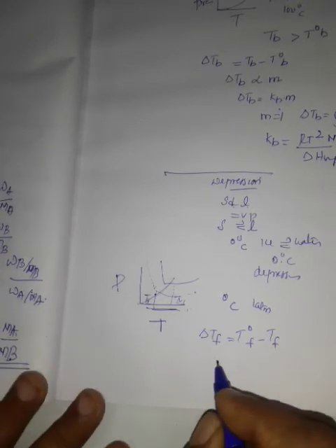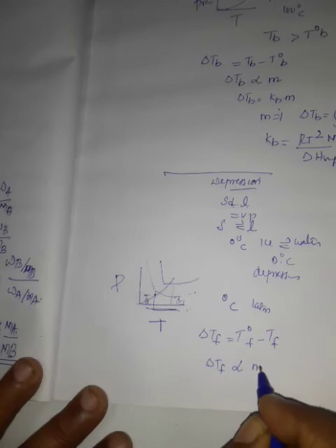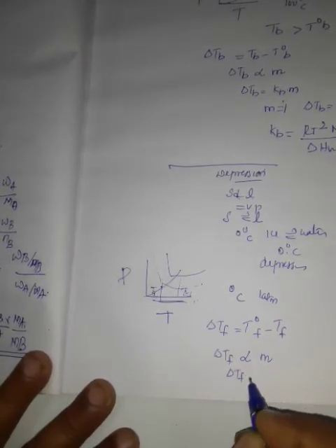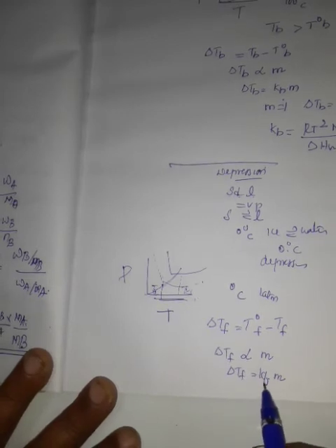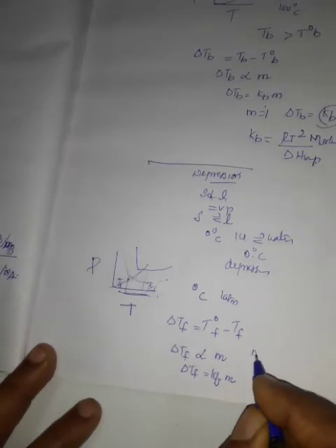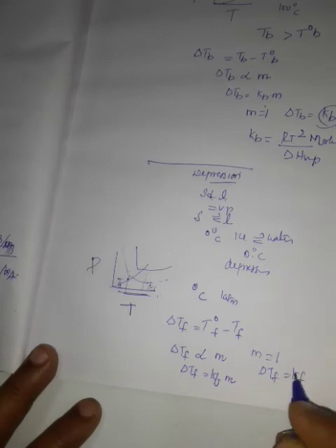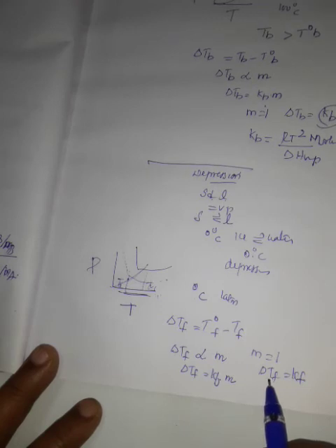The depression in freezing point delta Tf is directly proportional to the molal concentration of solute particles. That is, delta Tf is equal to Kf into m. m is the molality of the solution. Kf is the molar freezing point depression constant, or cryoscopic constant. So, when m is equal to 1, delta Tf is equal to Kf. Kf is equal to the depression in freezing point for a 1 molal solution.